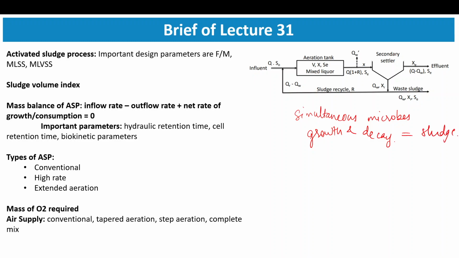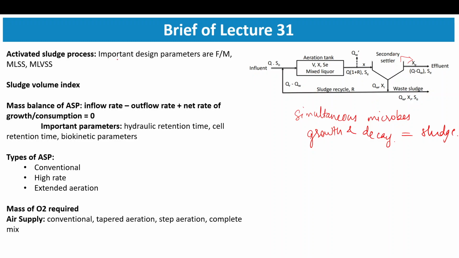We provide settling so that it can be removed. Effluent can be taken out, which has a lower amount of BOD, and some amount of sludge or the mother liquor is recycled so that not all live microbes are wasted.